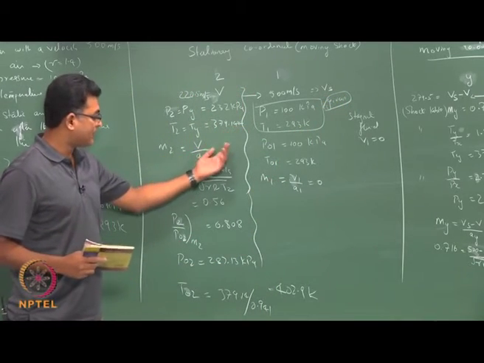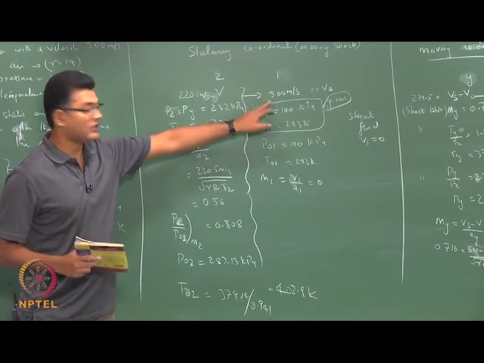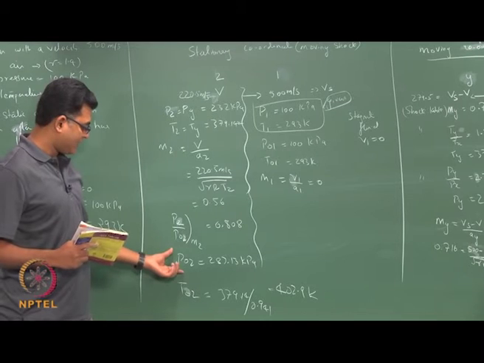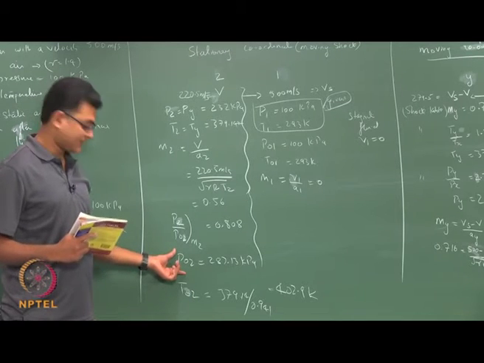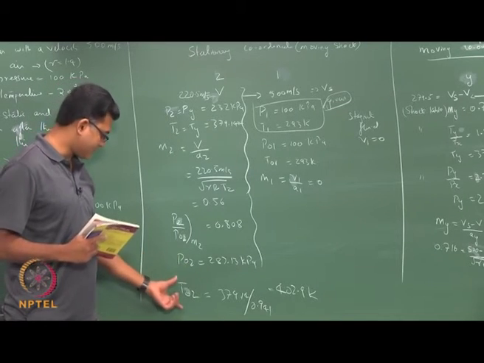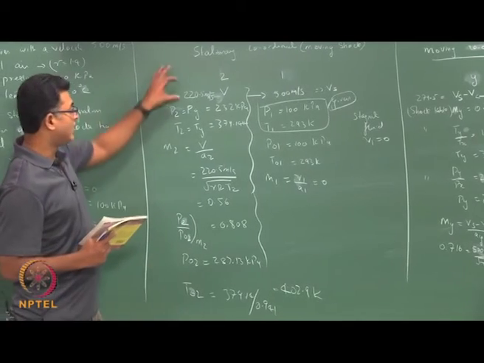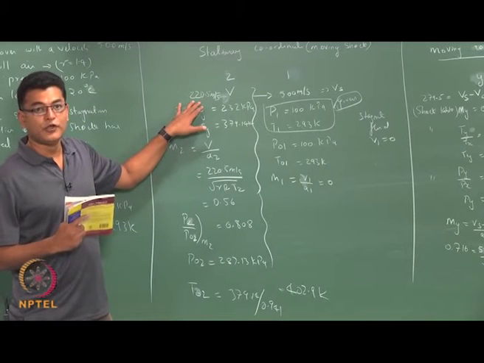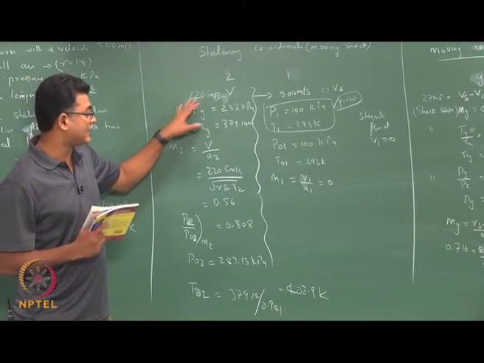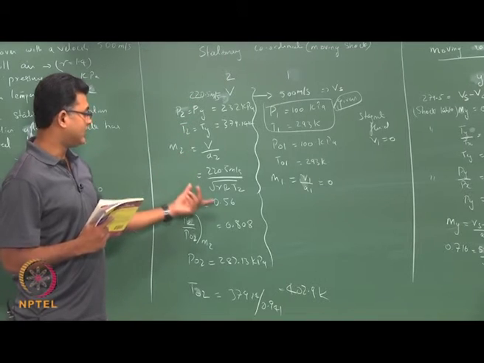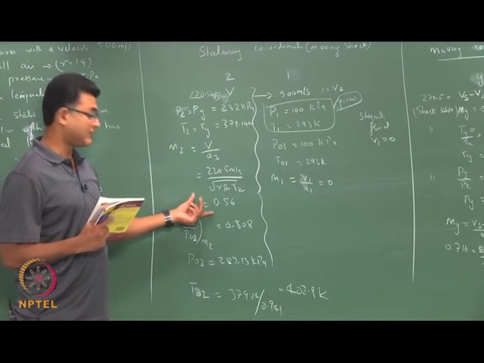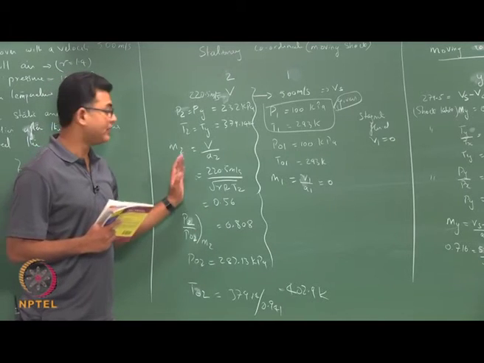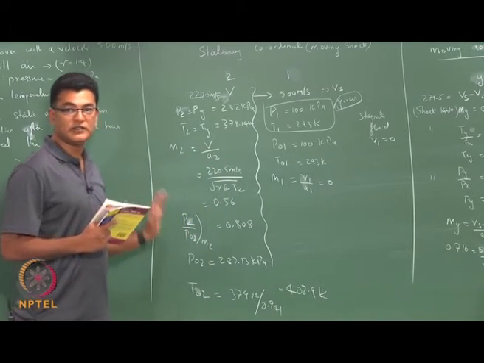So if the shock is moving with a velocity of 500 meters per second, I am going to increase my stagnation pressure by this much, stagnation temperature by this much, and my fluid, which has 0 velocity here, gains a velocity of 220 meters per second, by which the Mach number is also different. Mach number has changed from 0 to 0.56. Okay. So the shock wave brings this much change in your fluid.